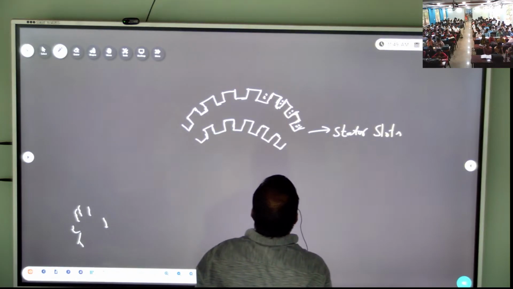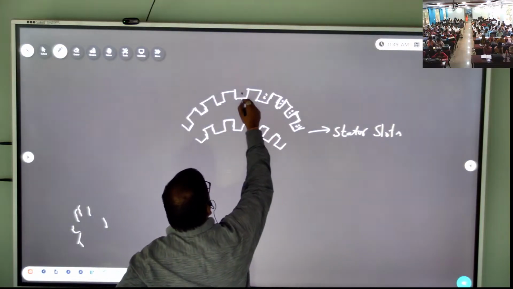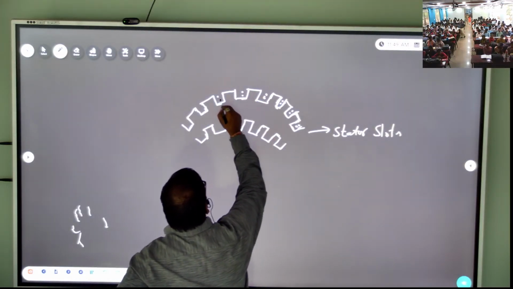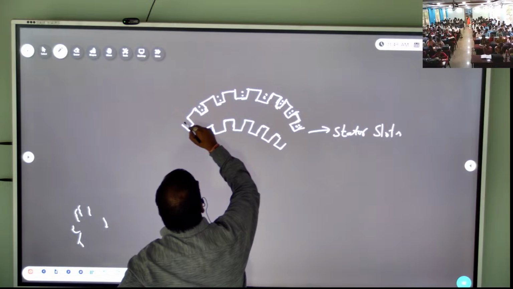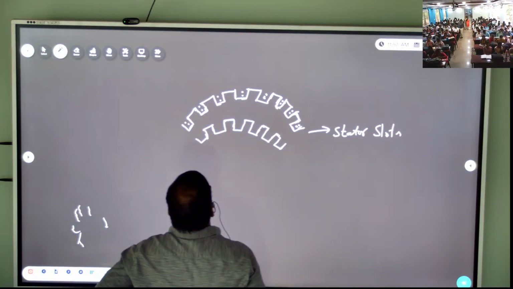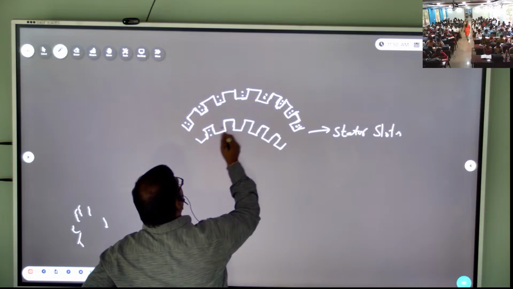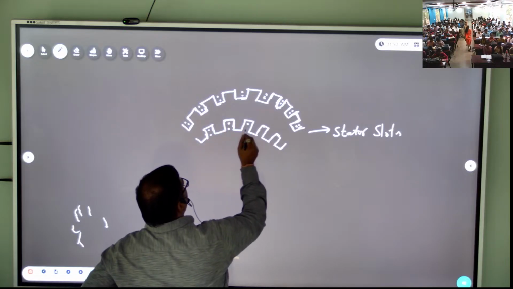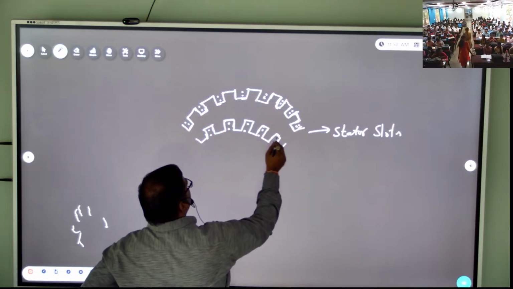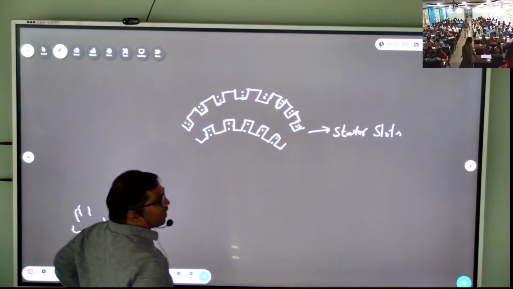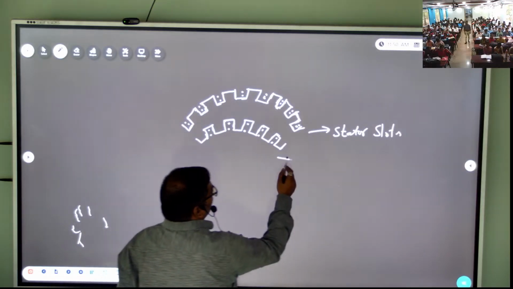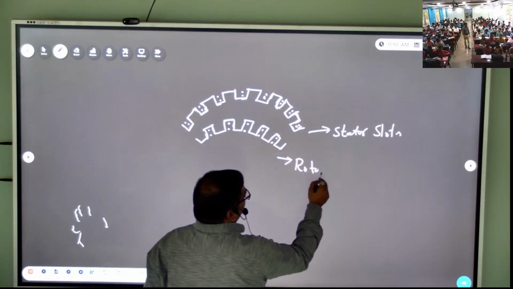So here also, in these slots, we will keep the conductors. This is the rotor slots.